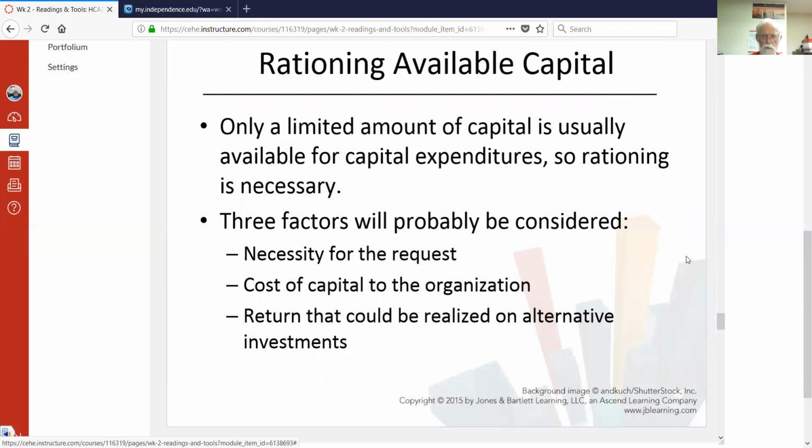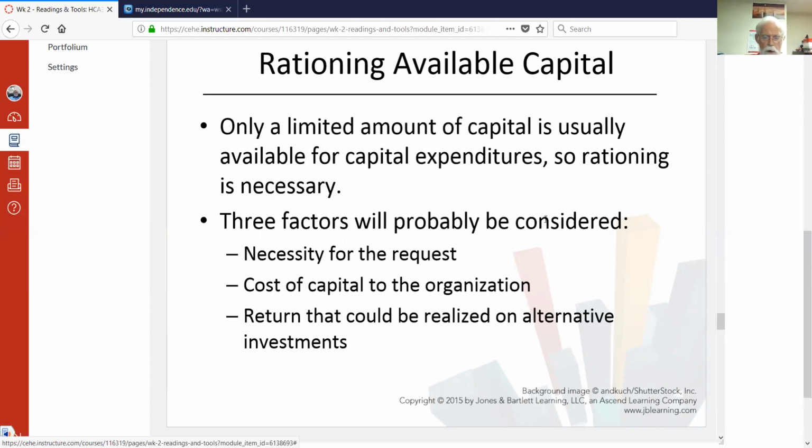Rationing. We only have so much money, and it's all based on what we think our operating revenue is going to be. Operating revenue is basically the difference between the actual revenue and the expenses that we incur.